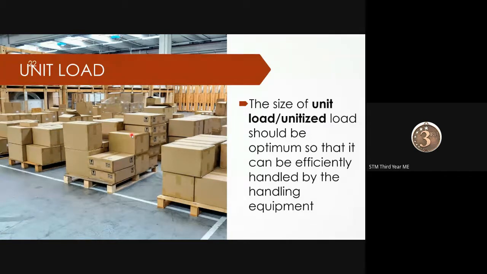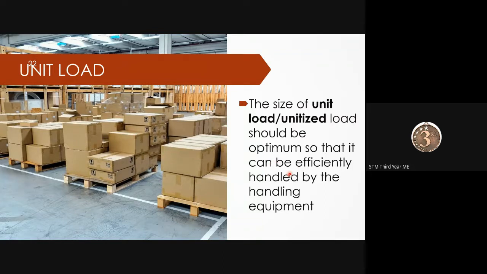If you increase the load, think, instead of 2 ton you increase it to 2.5 ton, in the case of a forklift truck the vehicle must move a load greater than its own capacity, and obviously more work has to be done. This can compromise the smooth flow, or the continuous flow. That is why it is said that the load should be optimum, so it can be efficiently handled.